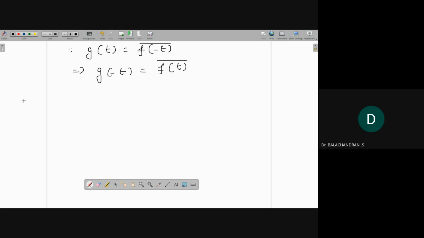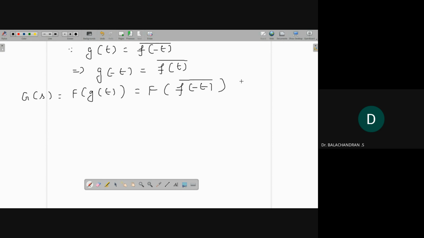So now I'll start from g of s. G of s is nothing but the Fourier transform of g of t. Now the Fourier transform of g of t is the Fourier transform of f of minus t whole bar.